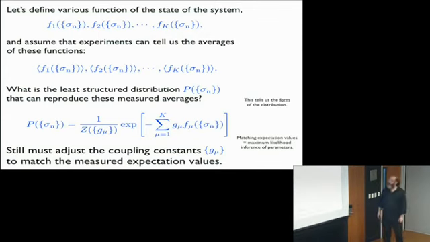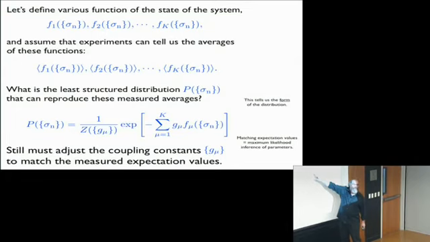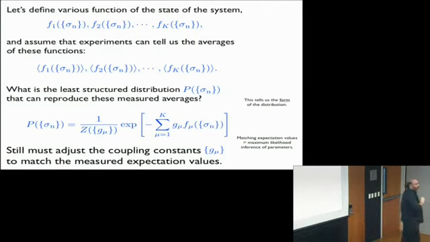Then if I want to construct the maximum entropy distribution, it's a straightforward calculation to show that the form of the distribution is this. I'm going to say more about it in a moment. What this is saying is that the distribution is an exponential form. In the exponential, there's one term for each of the expectation values that you tried to match, and it has a coefficient.